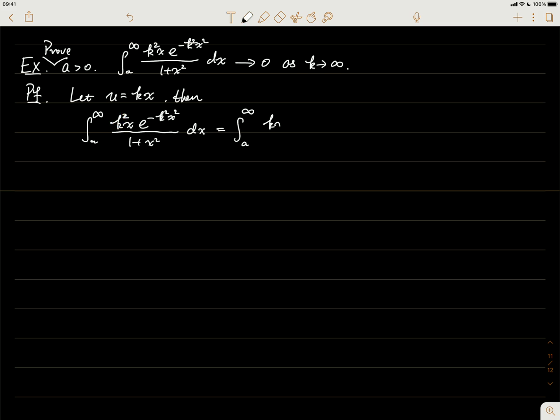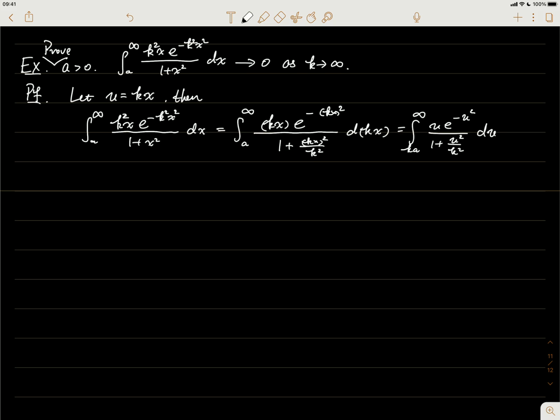So we have the kx e to the negative kx squared, and on the denominator, I will have 1 plus kx squared divided by k squared. And then, as I said, I will put one k together with this x. And since we defined u to be kx, this is just u e to the negative u squared over 1 plus u squared over k squared, and then du. But since x is from a to infinity, u is from ka to positive infinity.